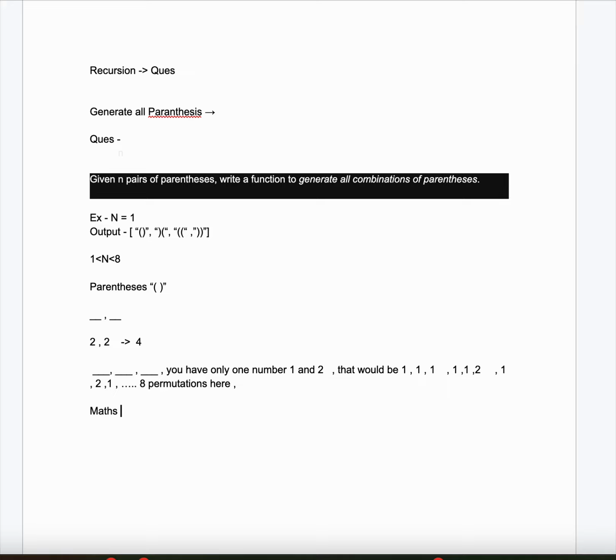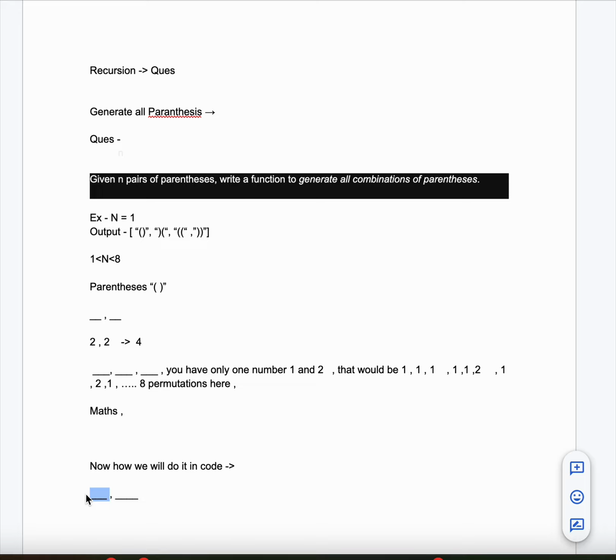Now how we will do it in code? Let's look into it. In the code part, we need to have some intuition here. The intuition is, if you have two spots and you hide the first spot, let's say you are not looking at this spot, then we can fill either the opening bracket or the closing bracket.